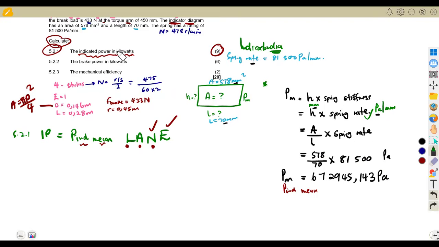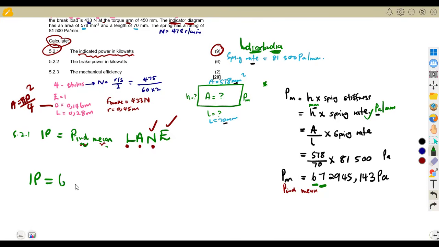So in kilowatts, what does it mean for us to have our answer in kilowatts? It means we can convert this to kilowatts, or we can simply do it this way. Let me show you. So this is IP, which is our indicated power. We're going to use the indicated mean pressure, our PM, the one that we calculated from our indicator diagram.